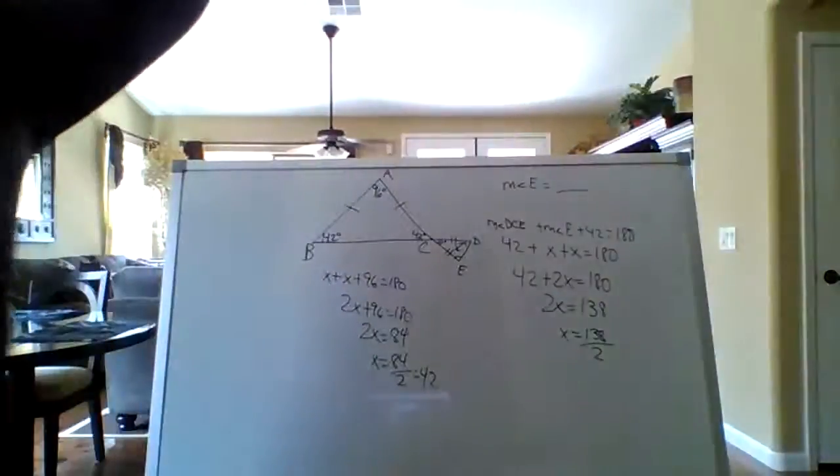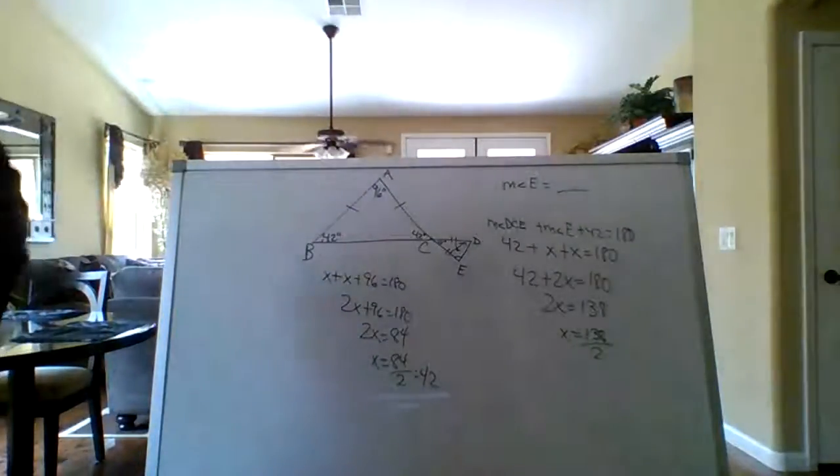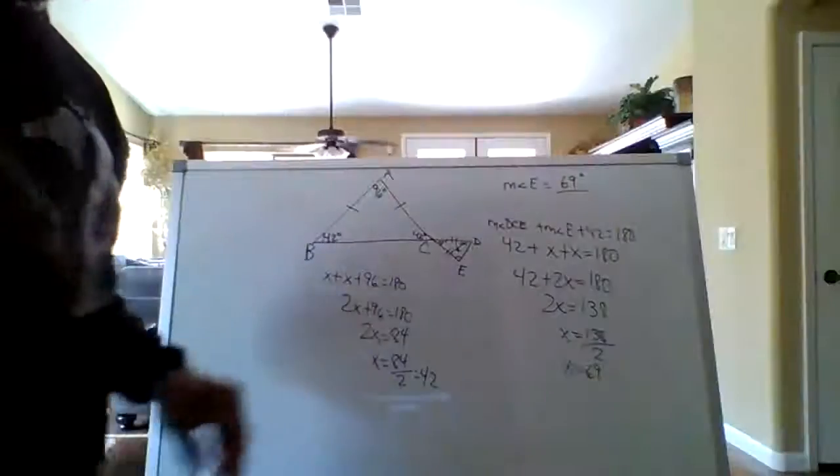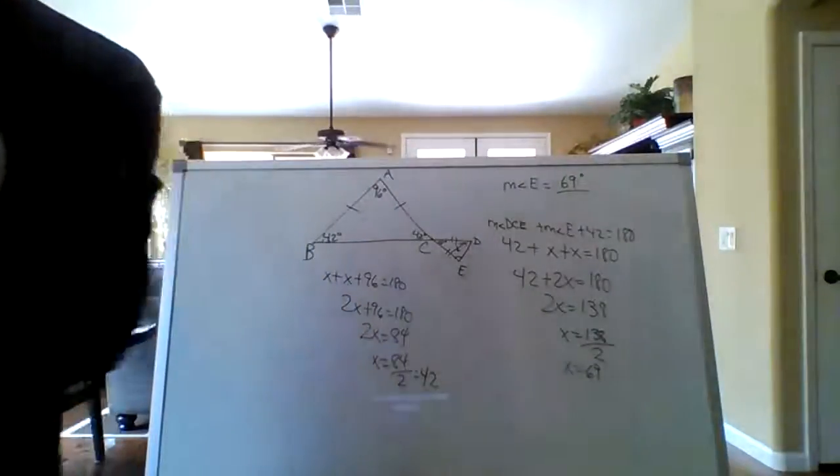And when we divide 138 by 2, so now we know X is 69. So the measurement of angle E will be 69 degrees. Okay, 69 degrees.